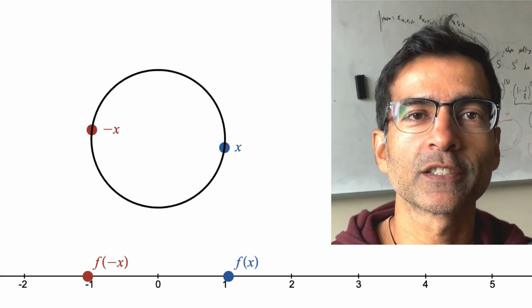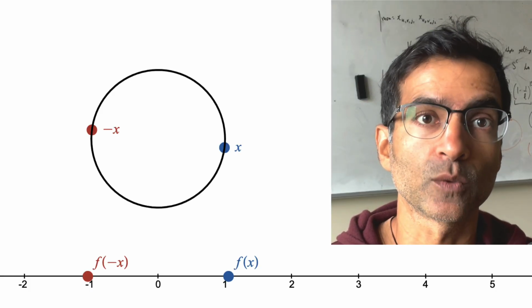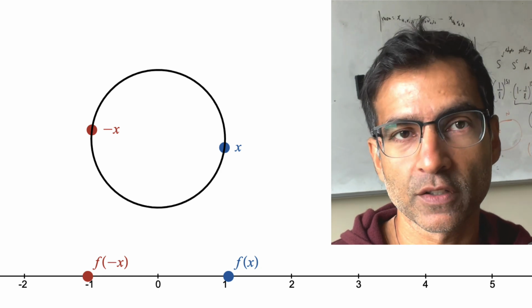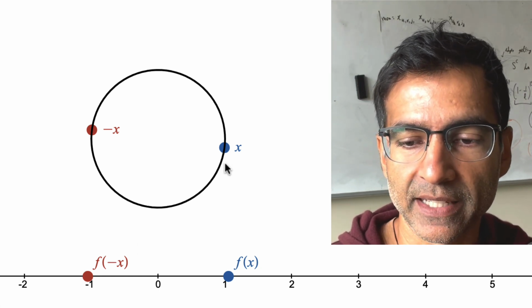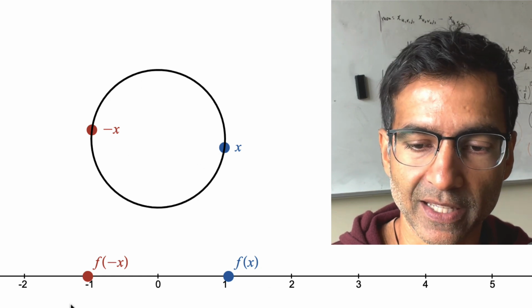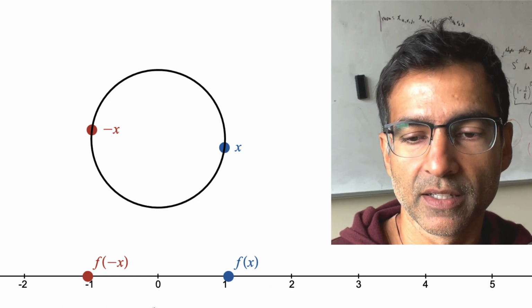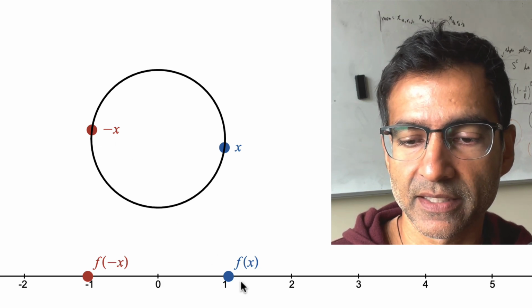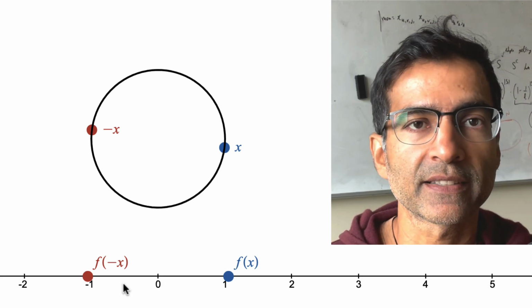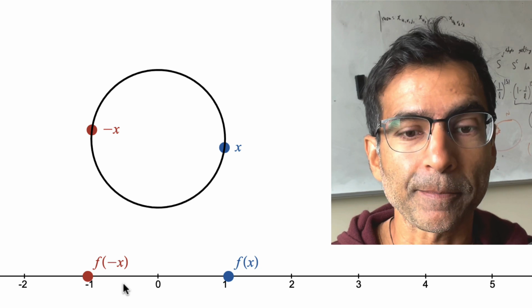Now, it's not too difficult to prove the theorem when n equals 1. Here's a picture of the one-dimensional sphere, and let's say you have some map that takes the points on the sphere to the real line. Then just take any 2 antipodal points, x and minus x, and in general, the values of f of x and f of minus x will not be the same.